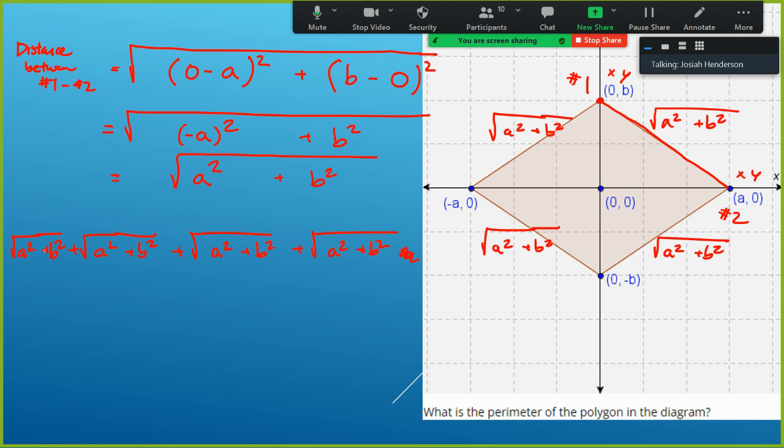We've got 4 of the exact same thing. So the perimeter is 4 times square root a squared plus b squared.